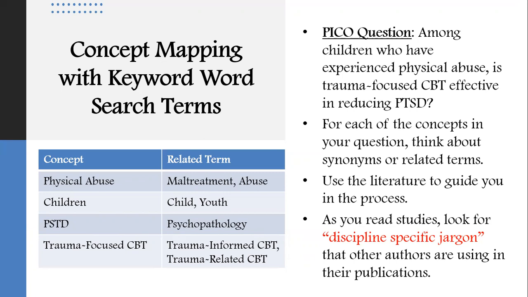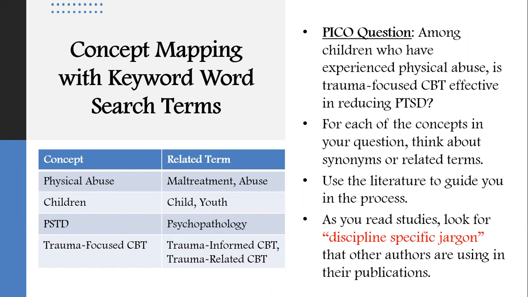For each of the concepts in your question, again, you want to think about the synonyms or related terms, and you also want to use the literature to guide you in the process. What I mean by this is that once you start to pull studies related to your topic, if you spend some time reading one or two studies in that area, you can get a sense of the discipline-specific jargon that's being used.